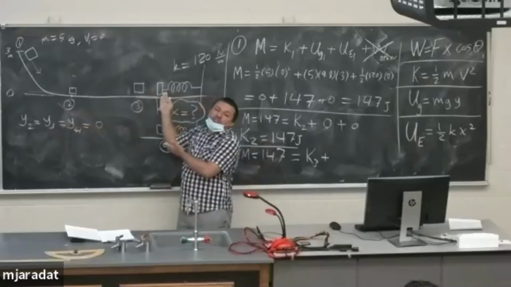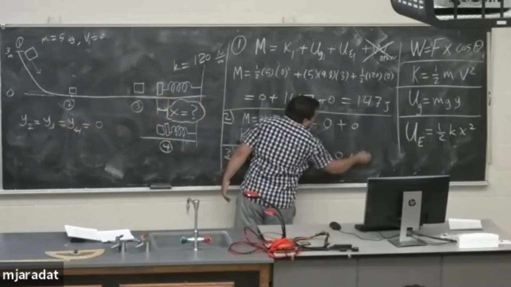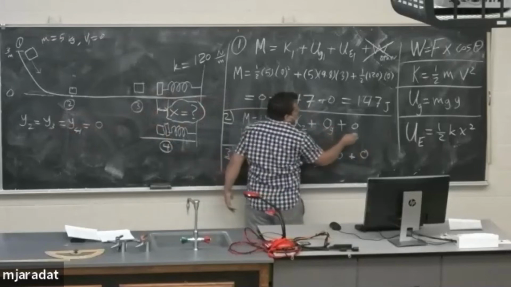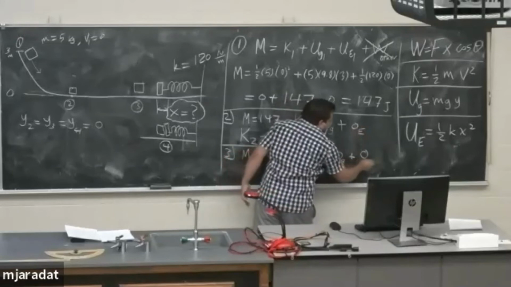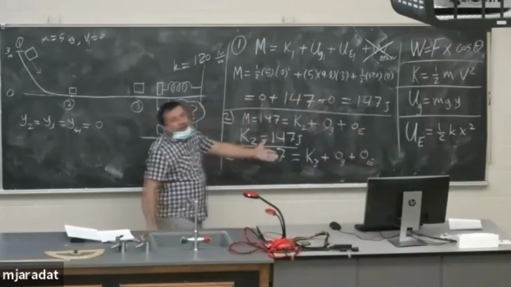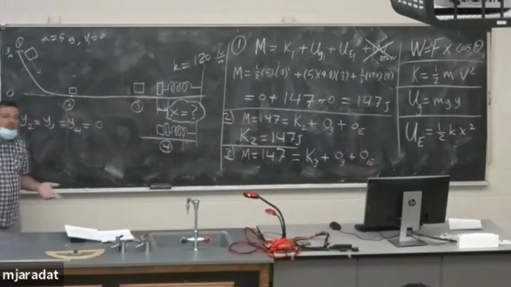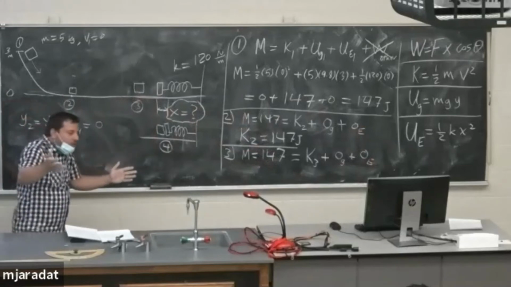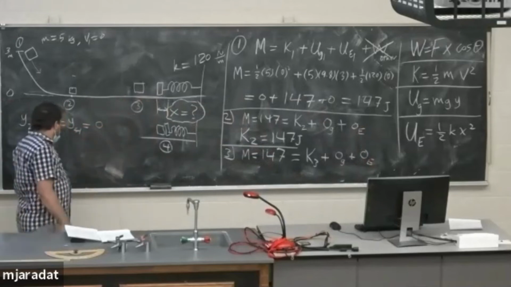How much the compression of the spring? It is 0. So it is 0 plus 0. This is 0 due gravity. This is 0 due elastic. So the kinetic energy again at this point is the same. We don't have any loss of the velocity. We don't have any acceleration or deceleration because we don't have any friction force.